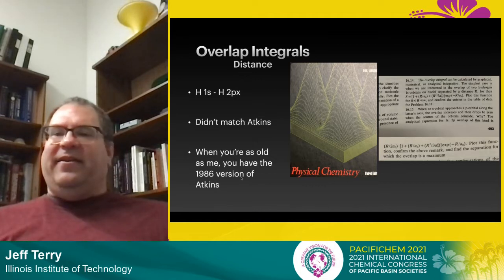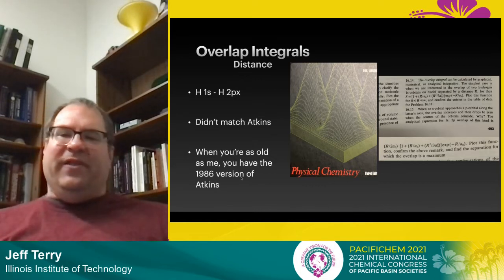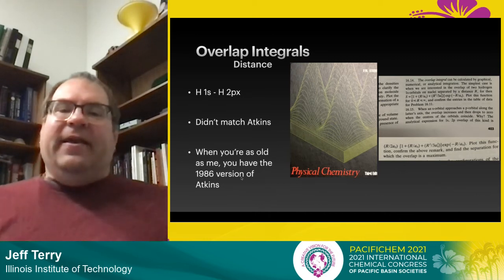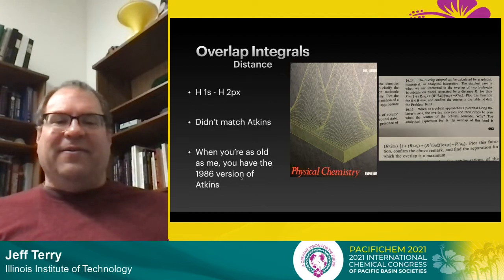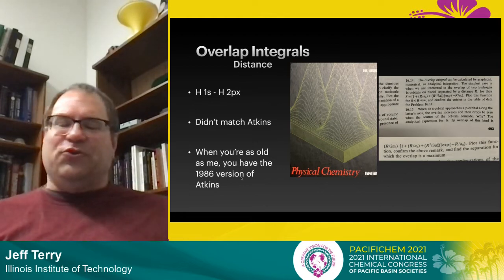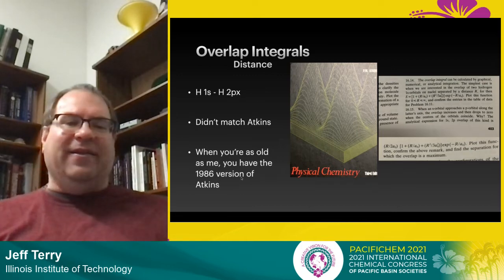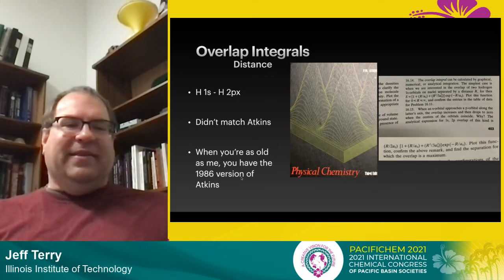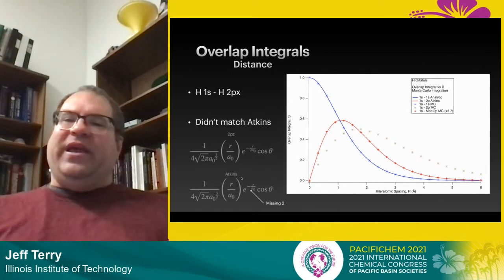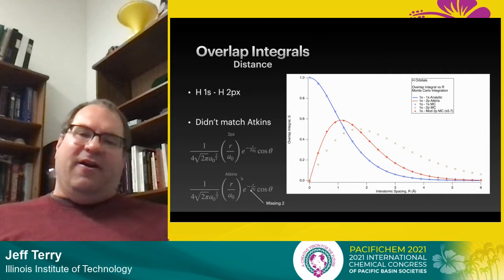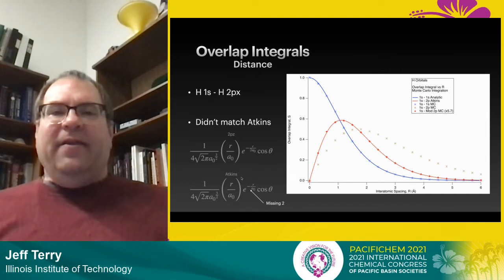And they said the analytical expression for the 1s2p overlap is r over 2a naught times 1 plus r over a naught plus r squared over 3a naught squared times e to the negative r over a naught. Now, this function did not have a maximum where ours did. It is actually much shorter than what we were calculating, and we were worried about this. So we did some work. So here we have a plot of the overlap integral versus r.